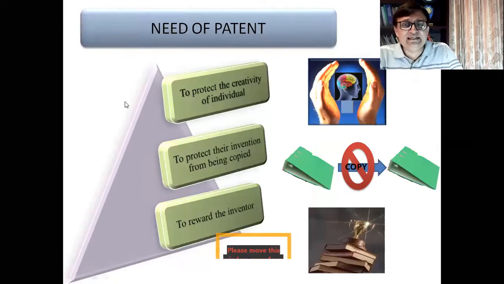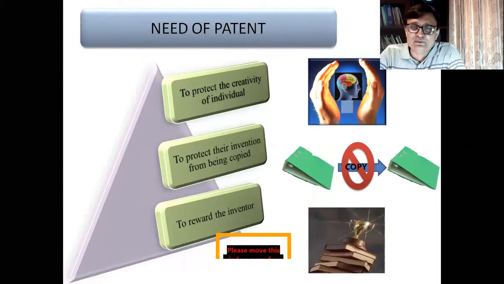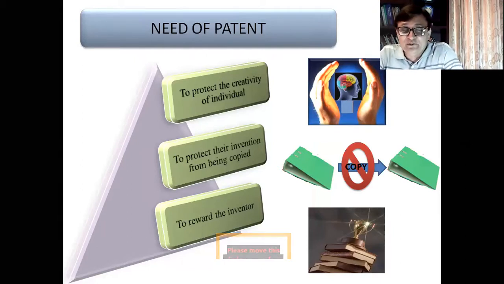Now, what is the need of a patent for an individual? For me, to protect the creativity of the individual. Otherwise, nobody will make an invention. If you make an invention and somebody copies it, then it is not going to benefit you. So to protect your invention from being copied, you need protection.